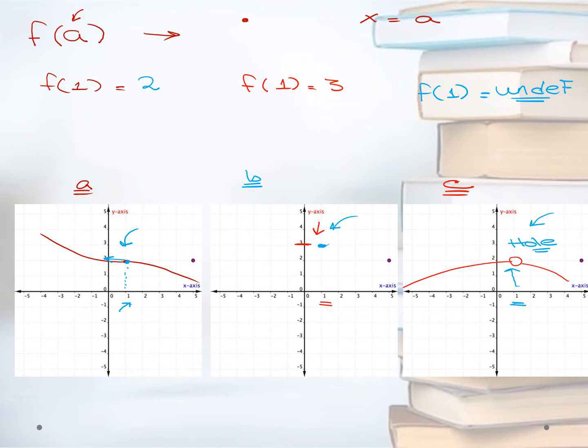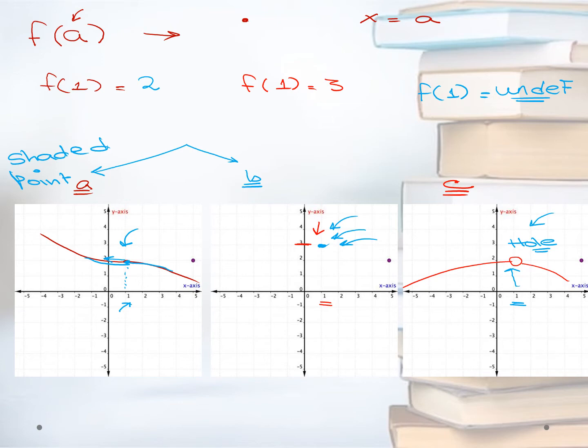Now have a look at graph number A and B and check your results. You have observed that there is an included point, a shaded point, and it does not matter whether it is connected with a line or sketched separately.